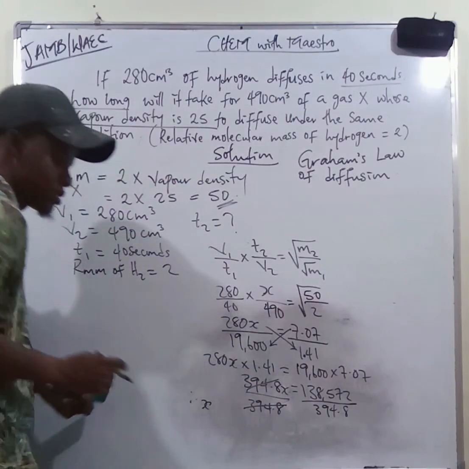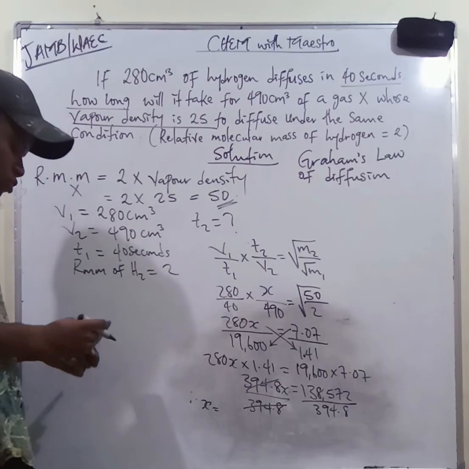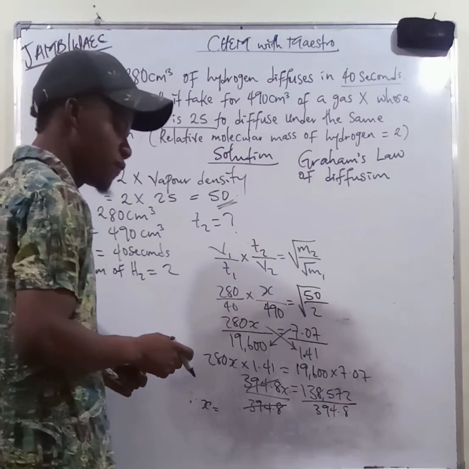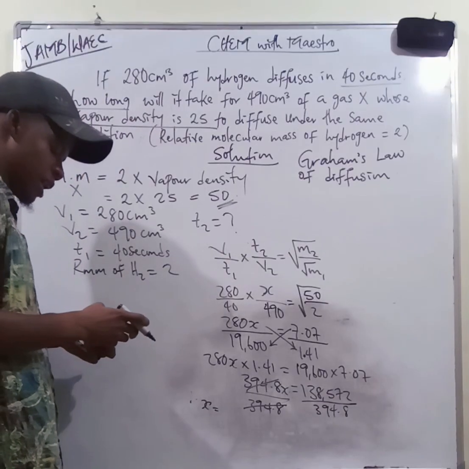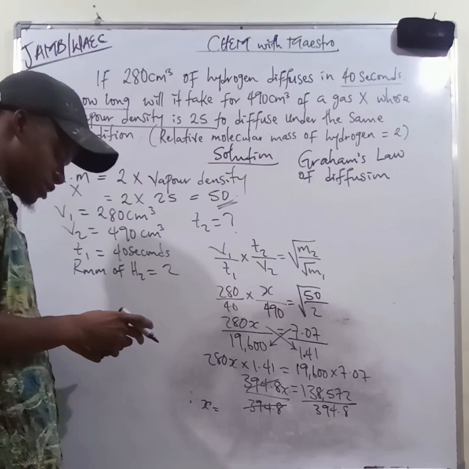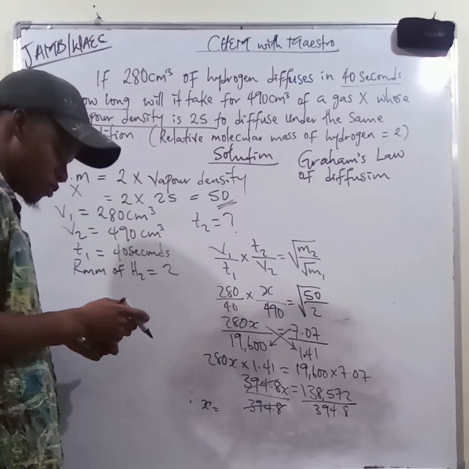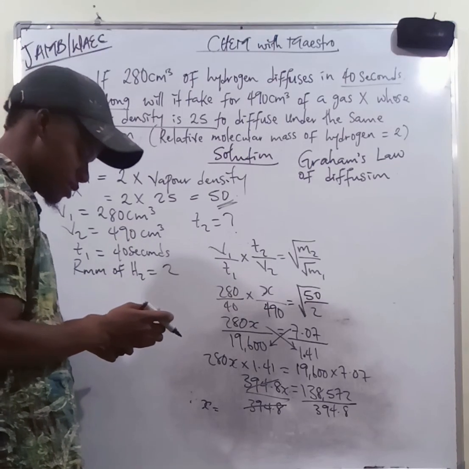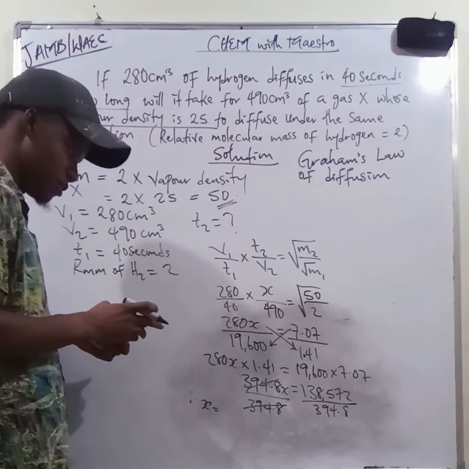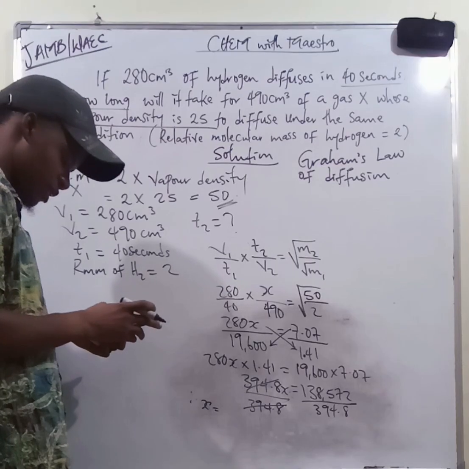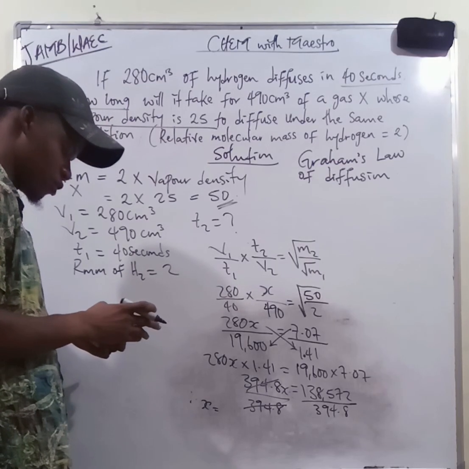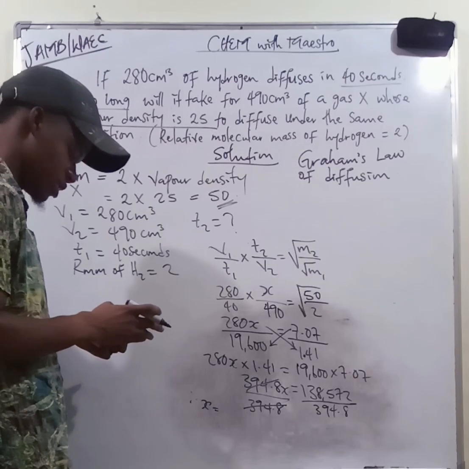Therefore, x is equal to 138,572 divided by 394.8.